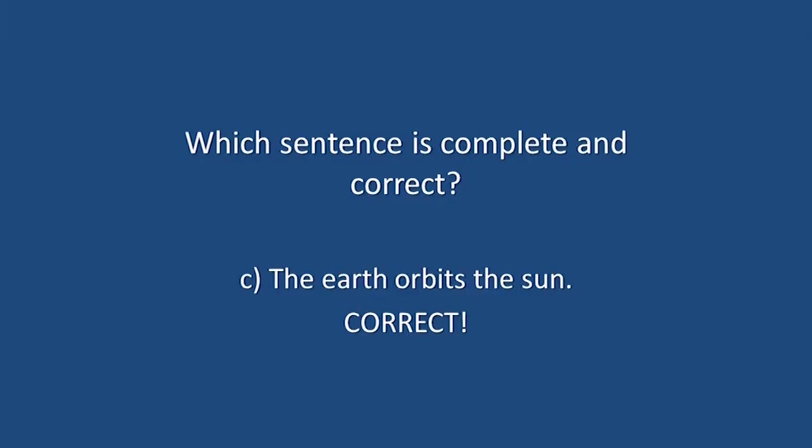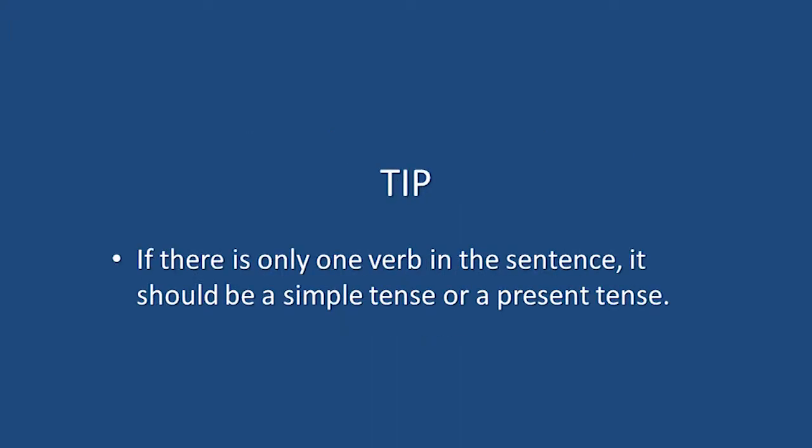Okay, the correct answer is the one in the simple present tense. Remember, if there's only one verb in the sentence, it should probably be a simple tense verb or a present tense verb. Don't let those other fancy tenses fool you.